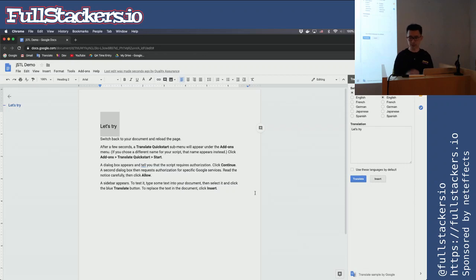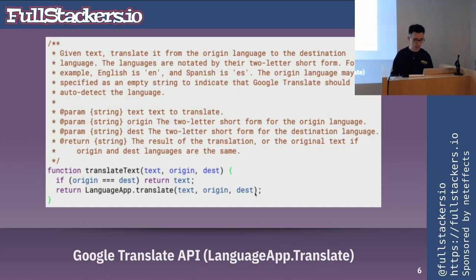So let's take a look at some of the core API calls behind this add-on. This is a little bit blurry when it blows up, but it's just 3 lines of code. So basically, I made my own function, but then I'm just calling the Google Translate API, which is called LanguageApp.translate. It takes 3 arguments.